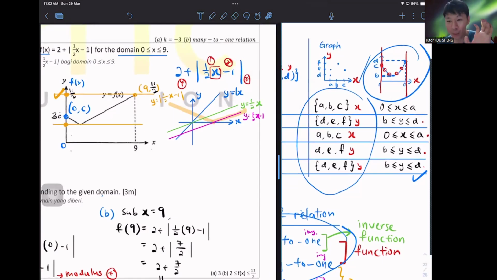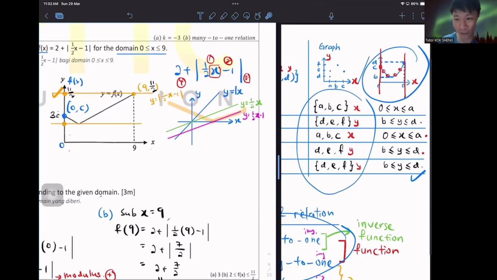Okay, I repeat again. Listen carefully. You're okay with the sequence, right? If I sub any number into the x, I find the answer step by step. Now starting from the first step, 1 over 2x.